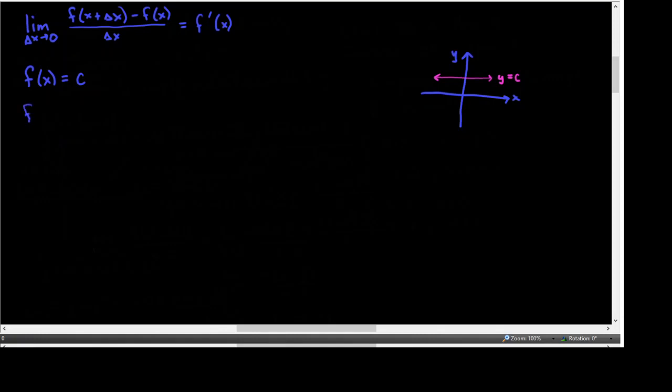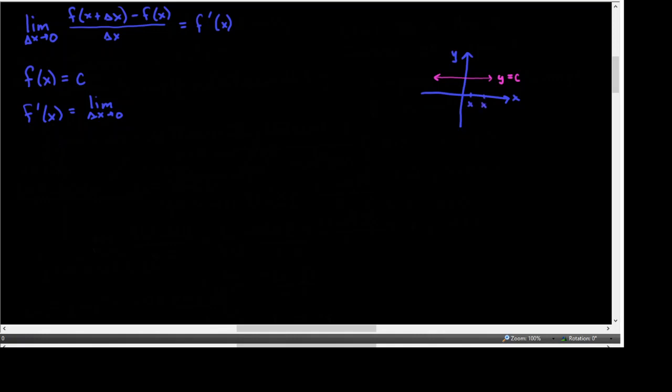All right, so for this function, applying the definition, which we hope is the last time we have to do so for any function that is y equals a constant. Now notice that that's a constant, so it doesn't matter what number I put in for x.